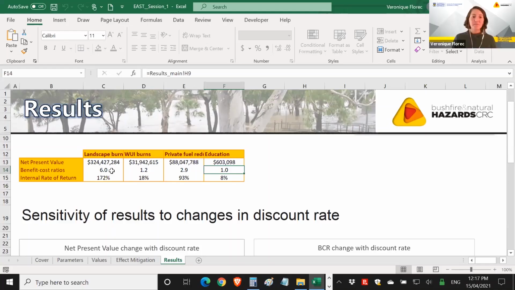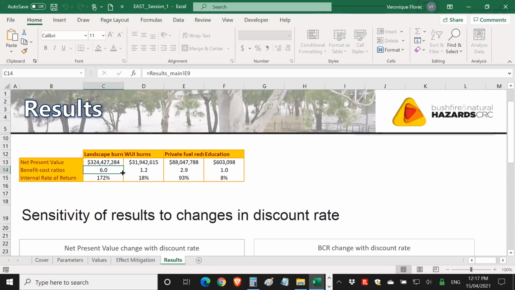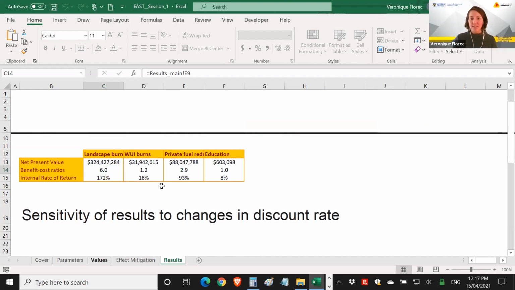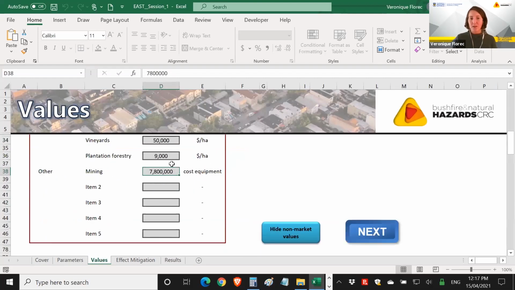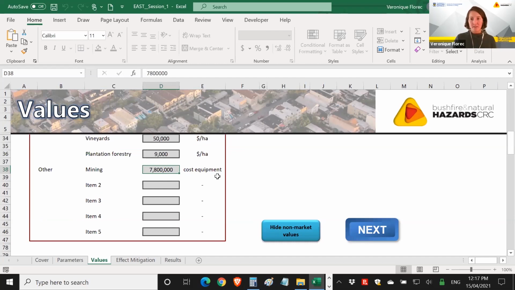There could be other possible wordings, even maybe better, but I usually say this is the benefits that you obtain for each dollar invested in this particular option. That takes into account all these assets that we have had a look at here. It doesn't include any others. It doesn't include indirect impacts or non-market values.